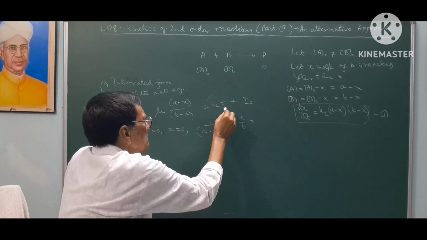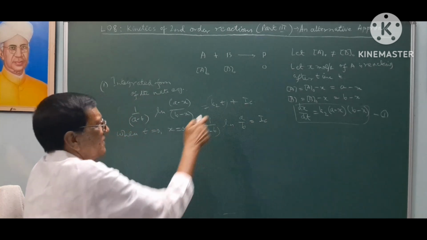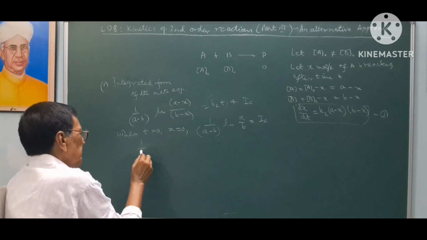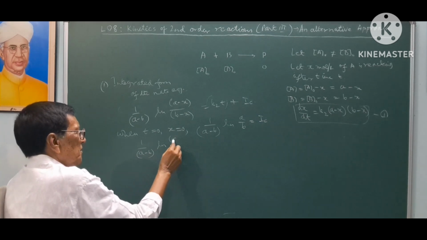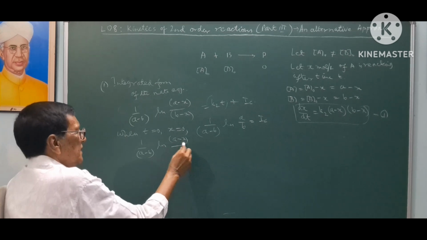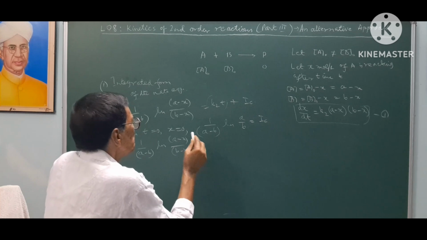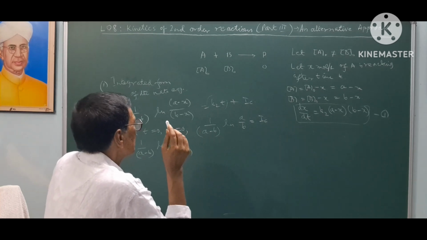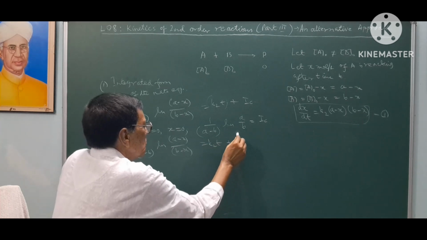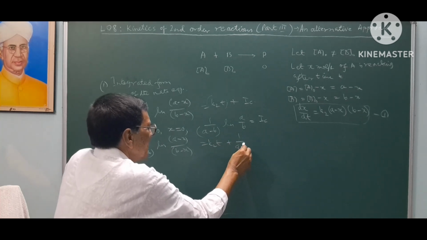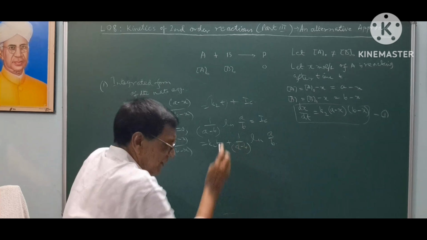So this term is 0, equal to ic. Putting this value here, we have 1 by a minus b ln (a minus x) divided by (b minus x) equals k2t plus 1 by a minus b into ln a by b.